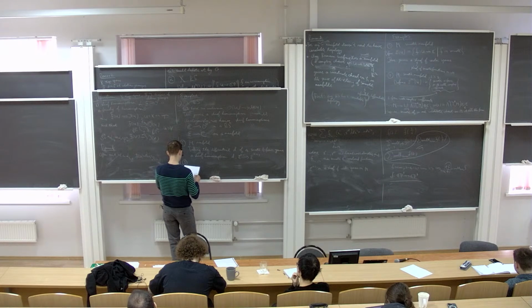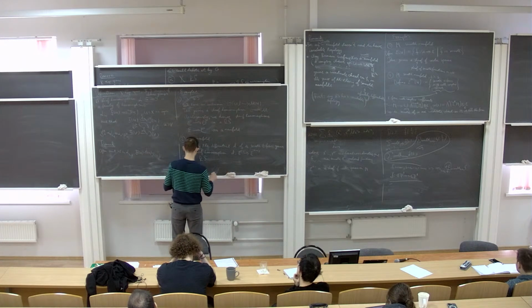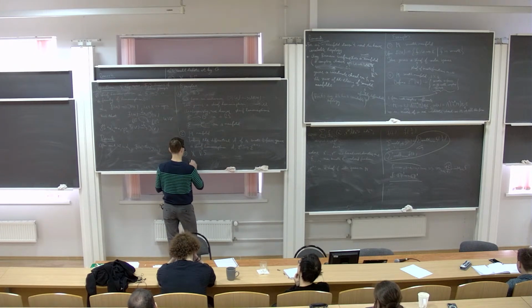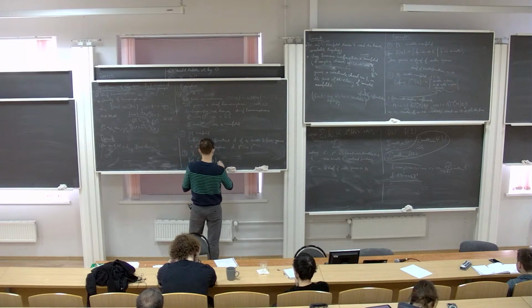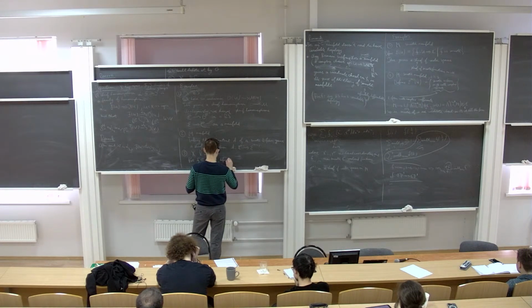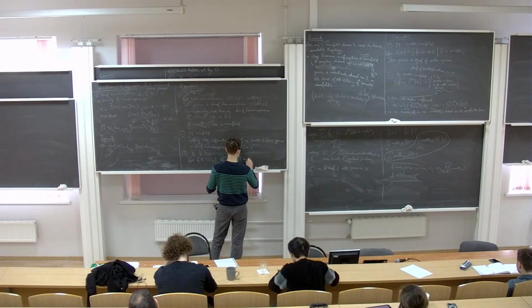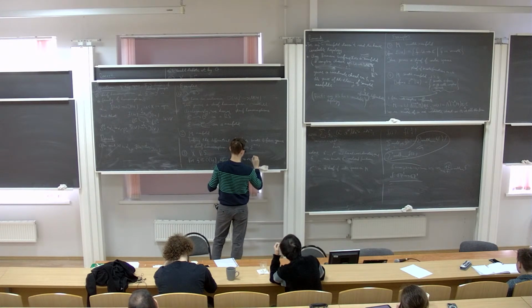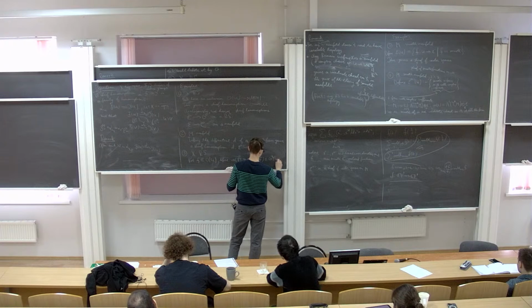Consider a Riemann surface, and then for f a holomorphic function on some open set u, define chi of f, just the exponent of 2 pi i f, in O star of u.